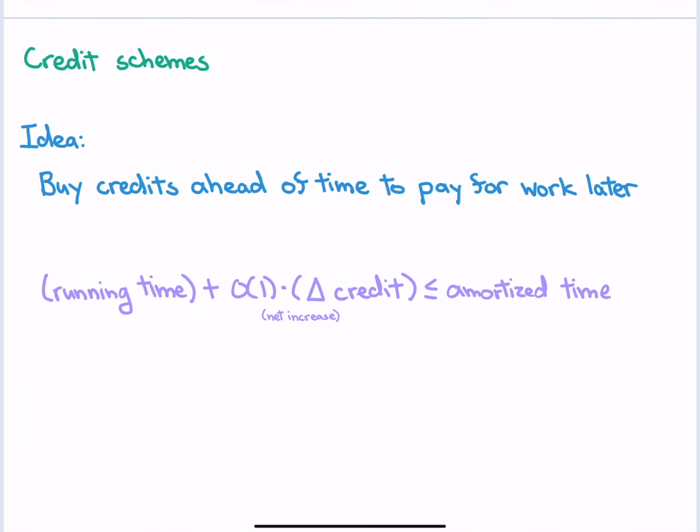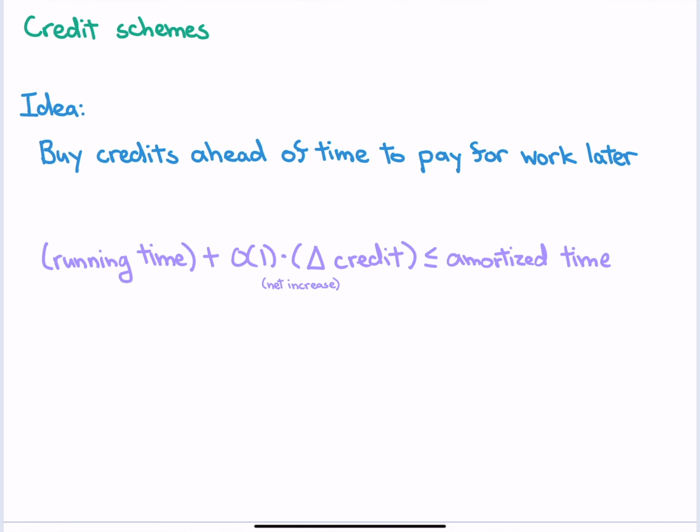All right, so let me explain these credit schemes. The high level idea, let's take the binary counter example. Every once in a while, one of those operations gets way more expensive than the average, right? Like I have a bunch of ones and I have to flip them all to 0. So the idea is that as you're doing the easy ones, like at the beginning, where there's very few bits being flipped, I'm going to imagine paying an extra $1 that can be charged in for constant work later.